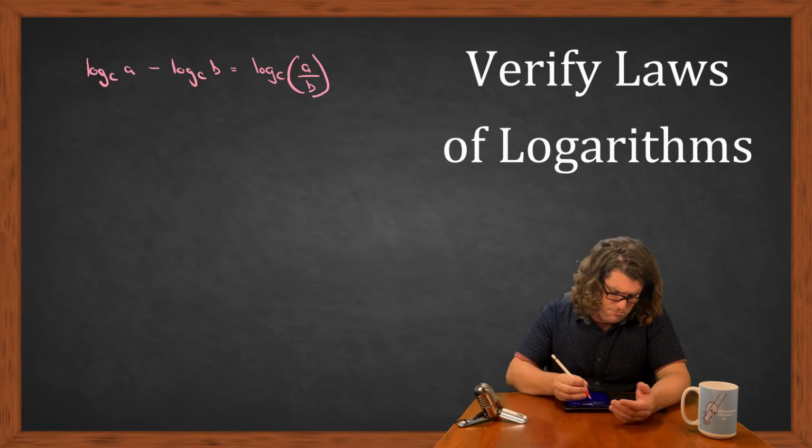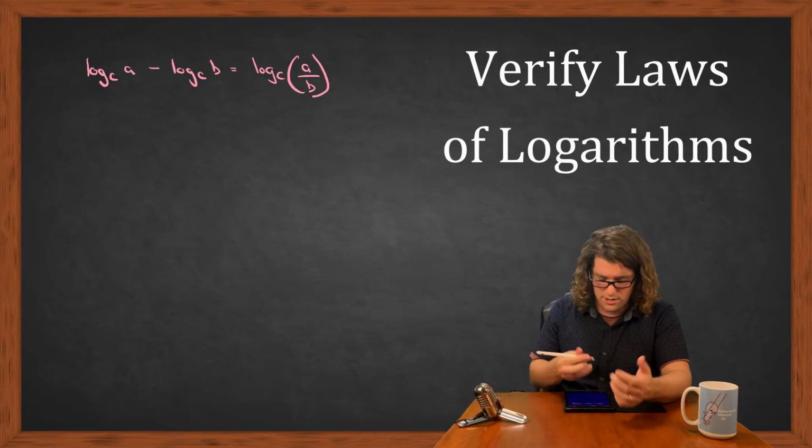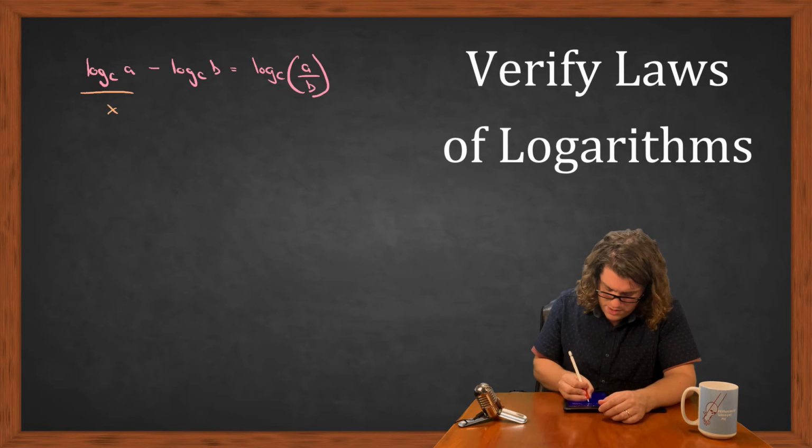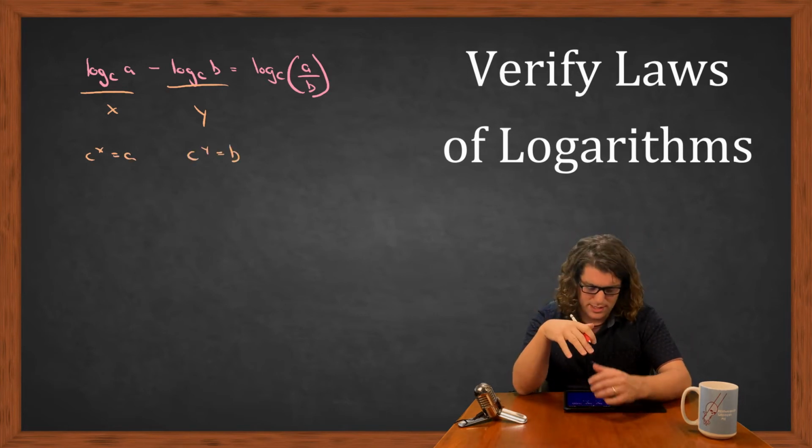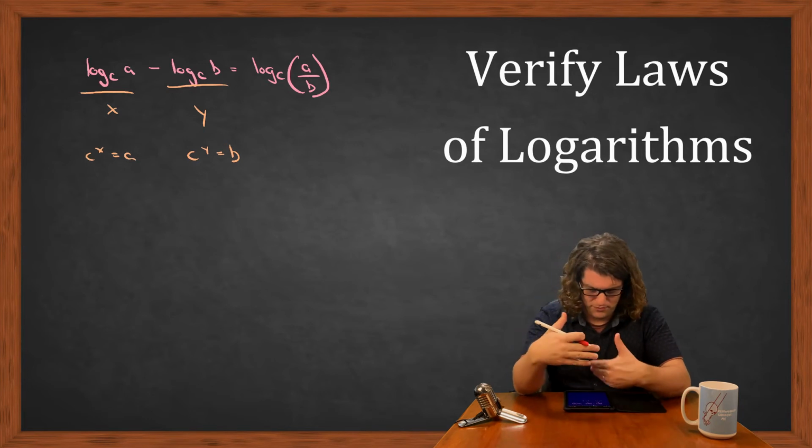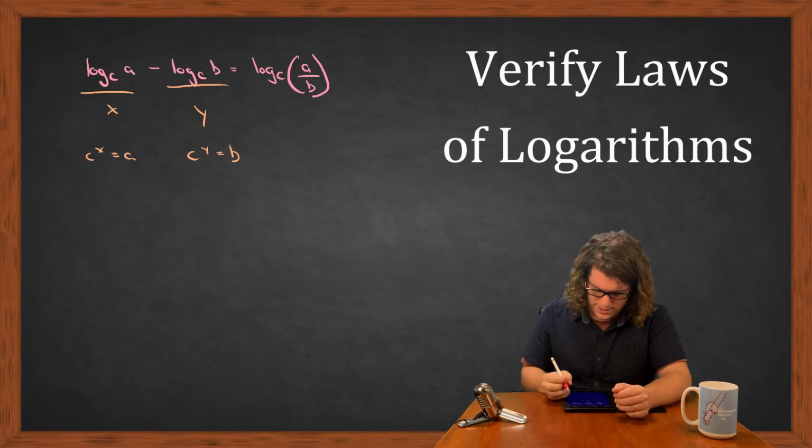So you could do that if you wanted to. I'm just going to carry on and say, let's say that this is x, this is y. What that means is that c to the power of x is equal to a, and c to the power of y is equal to b. I skipped a little bit there, so I didn't write down the initial expression, but this is still true, and I can see it from what's there.